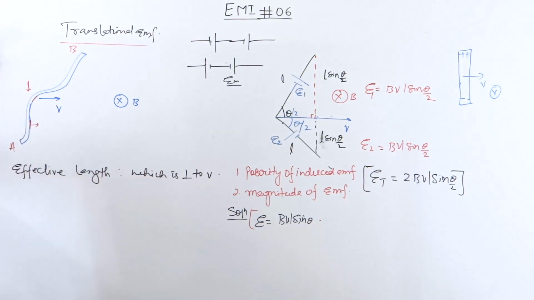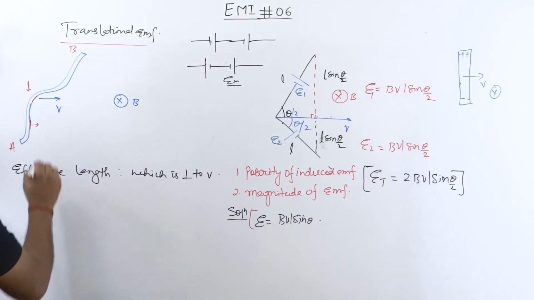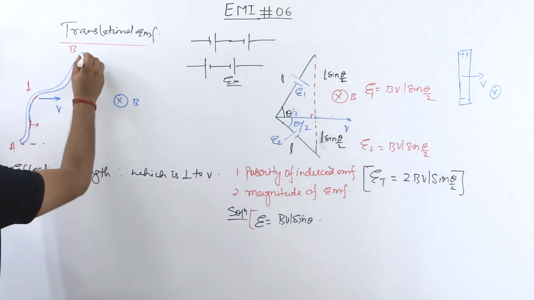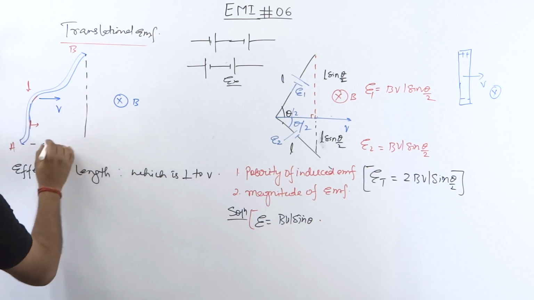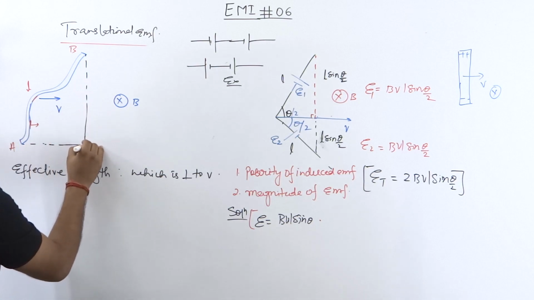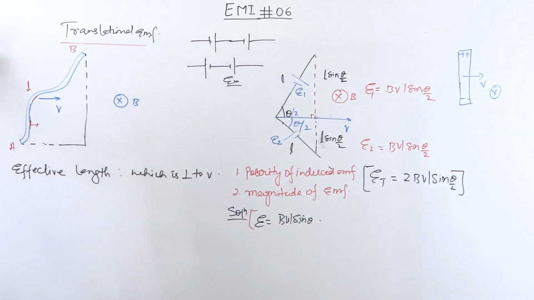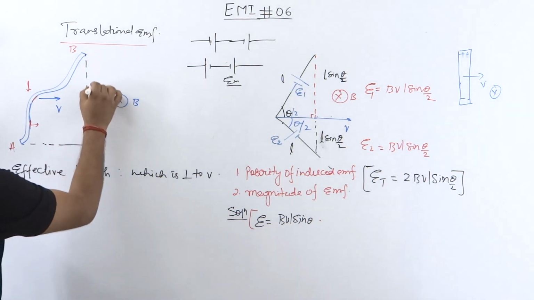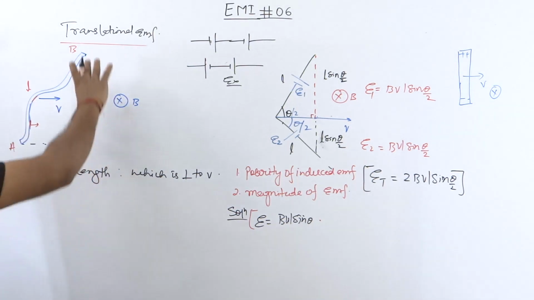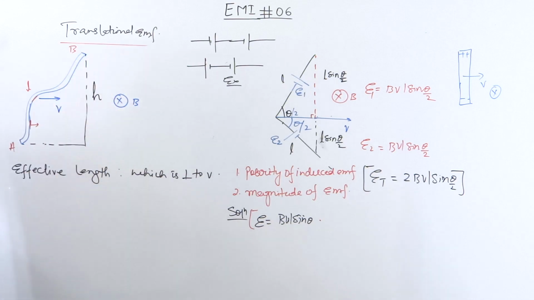This should be in your mind. So how do we find it? You just need to draw these lines, and this part becomes your perpendicular length, this is the equivalent length which is perpendicular to the velocity. Let's suppose this is height h, so this is your L effective.